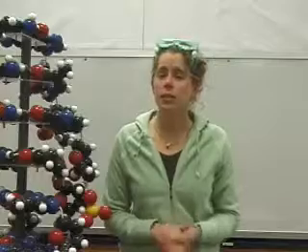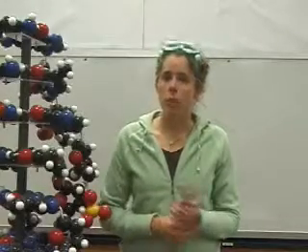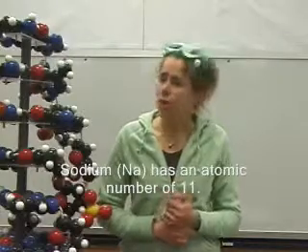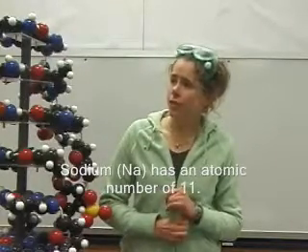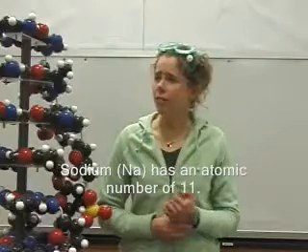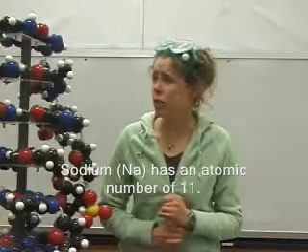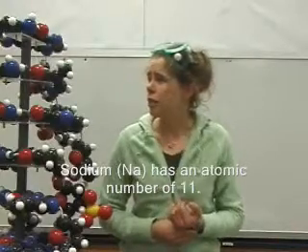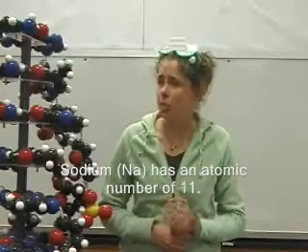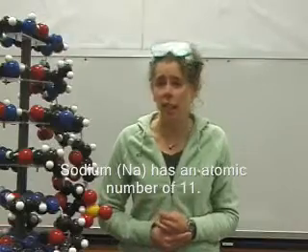So if you consider, for example, sodium. Sodium is abbreviated Na on your periodic table. So check out your periodic table, find sodium, it's way on the left side there, and think about how many electrons sodium has. Looks to me like sodium has 11 protons and therefore 11 electrons.